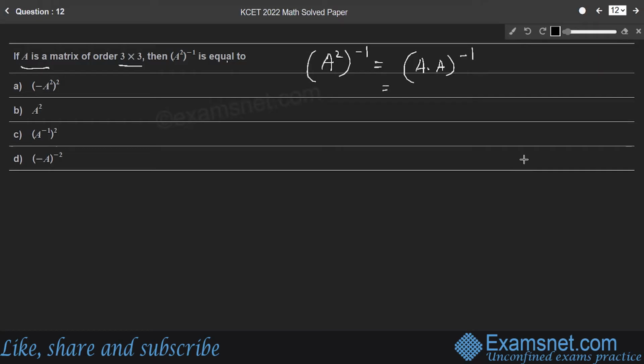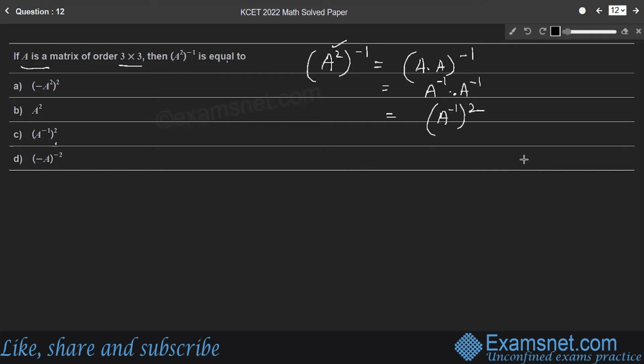So (A into A) inverse is nothing but A inverse into A inverse, the inverse of matrix A into inverse of matrix A. So we can write it as inverse of matrix A the whole square.